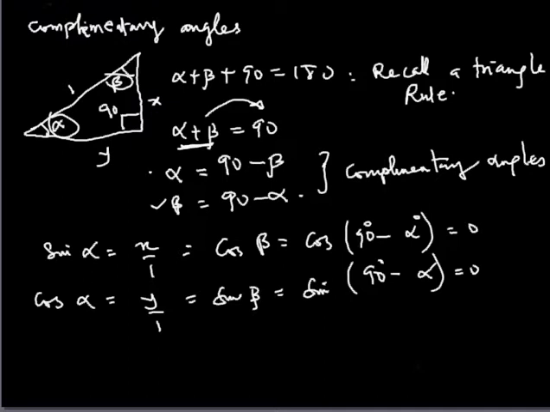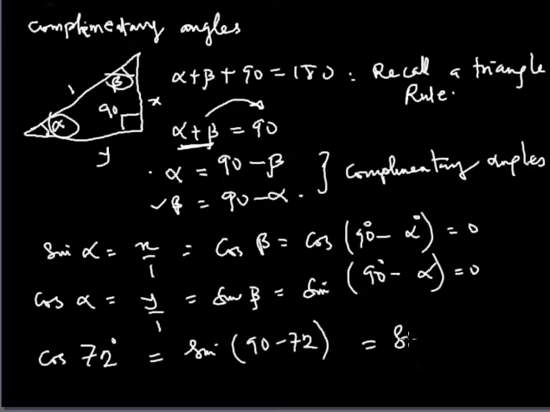Whenever you hear cosine, it means the sine of the complementary angles. So if you now have a particular angle called cosine 72, you can as well say that it's the same thing as sine 90 minus 72, which is sine 18 degrees.